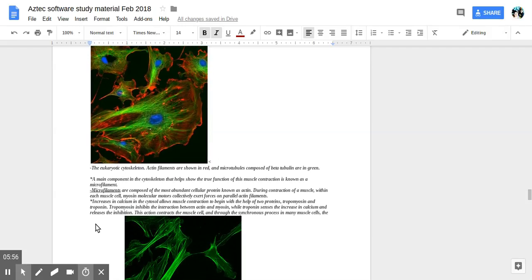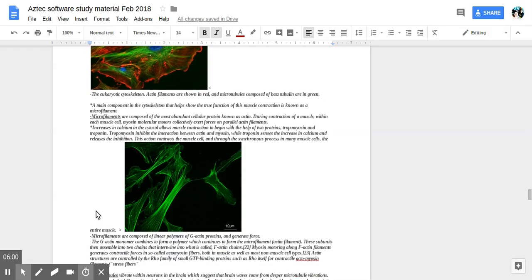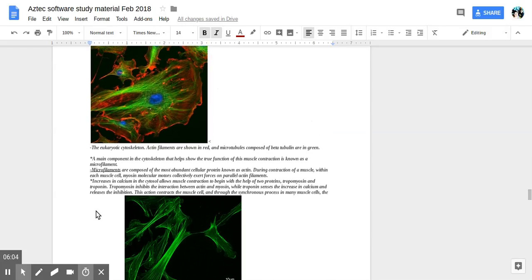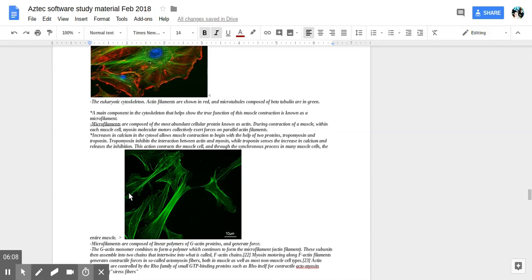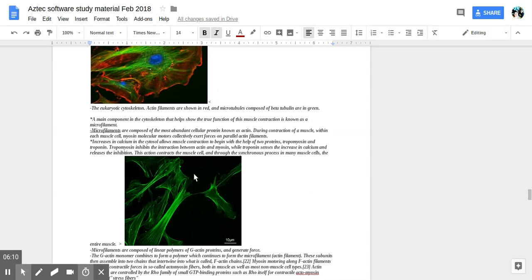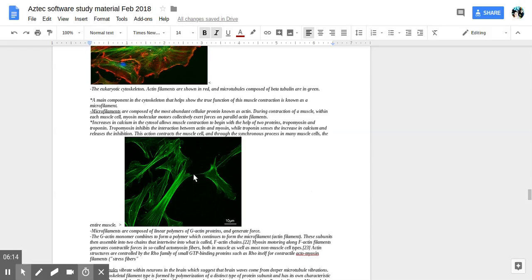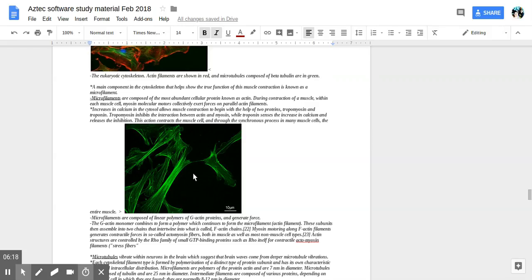Through the synchronous process in many muscle cells, the entire muscle is able to move and contract. These are showing the muscle cells in green. Microfilaments are composed of linear polymers of G-actin proteins and generate force as they pull and tug.